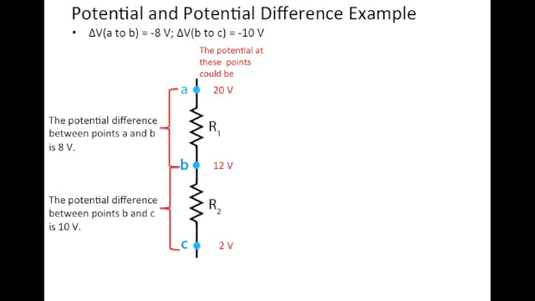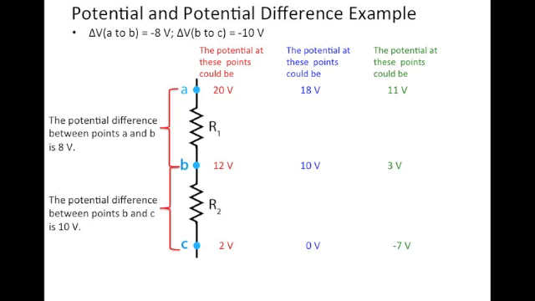But it's also possible to have the potential at A be 18 volts, right? Then what we know is the potential at B is 8 volts less than A, so the potential at B would have to be 10 volts, and the potential at C would have to be 0 volts. And again, we could define it some other way.